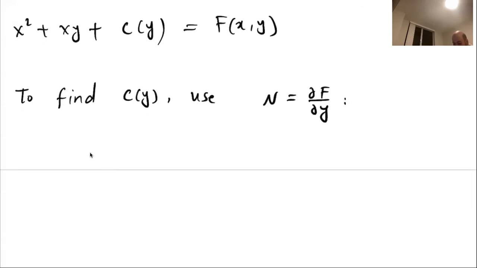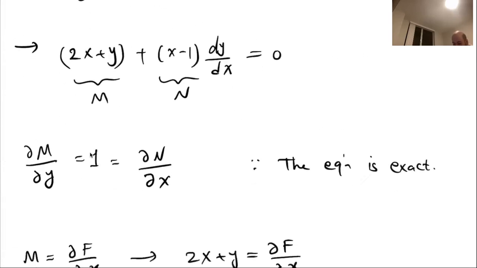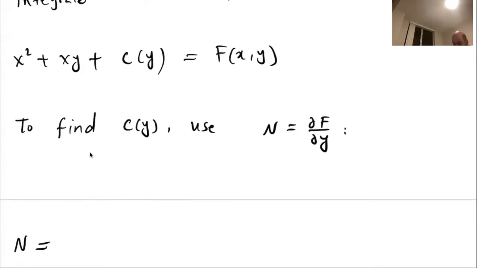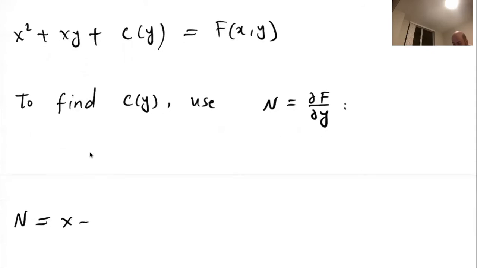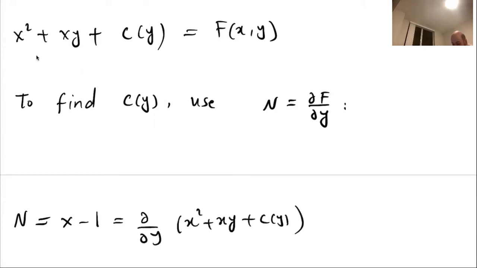Then we will have N, which is x minus 1, equals d/dy of x squared plus xy plus c of y.